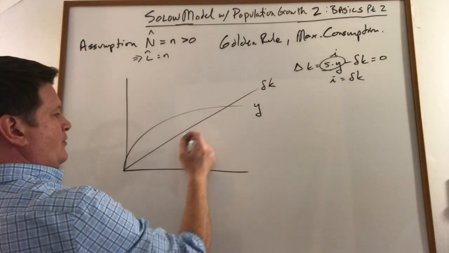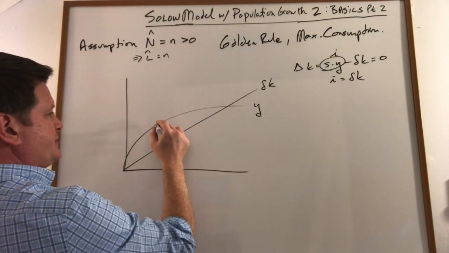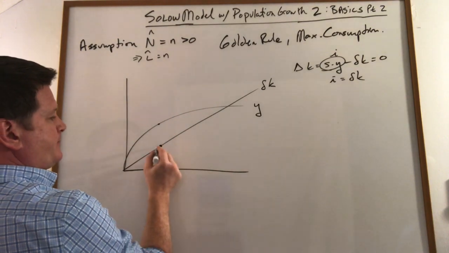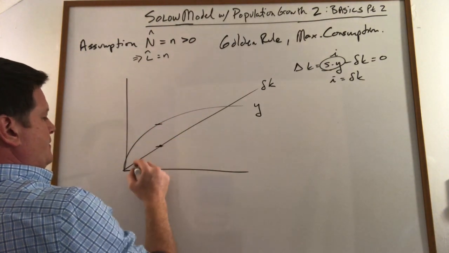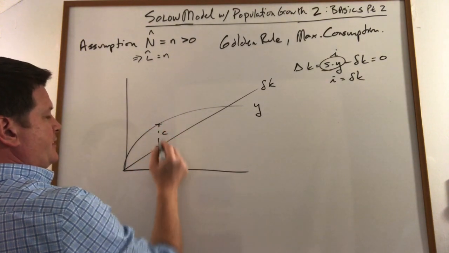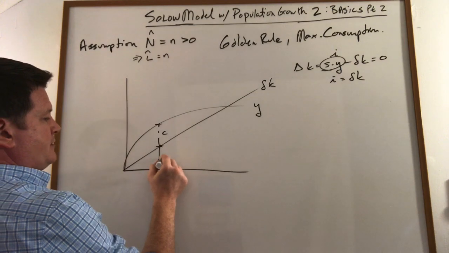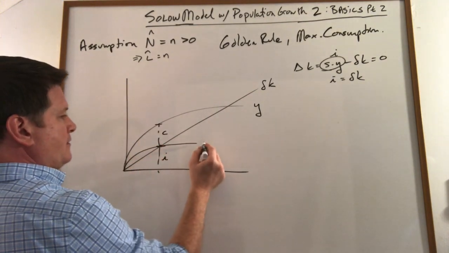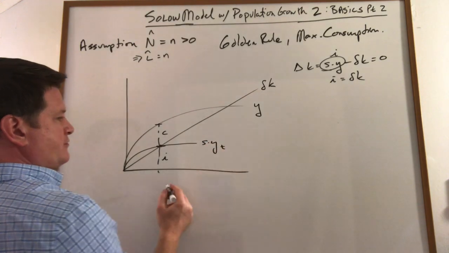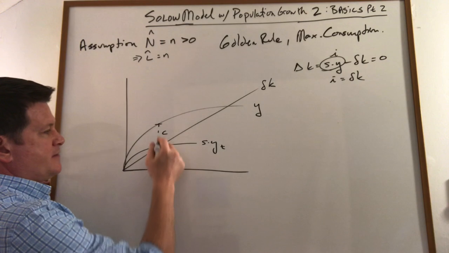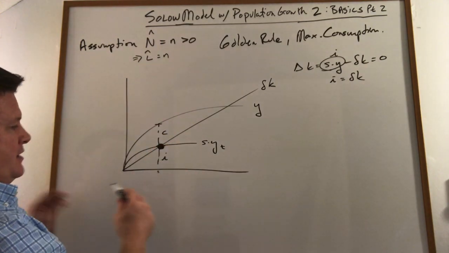So I can look at where the distance between this and this is largest, and that is going to tell me the amount of consumption there is, and this is going to tell me the amount of investment. I can draw my investment curve right through there, and that point tells me the maximum consumption we can get.